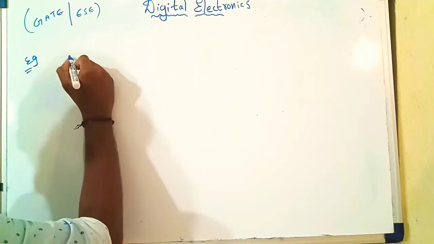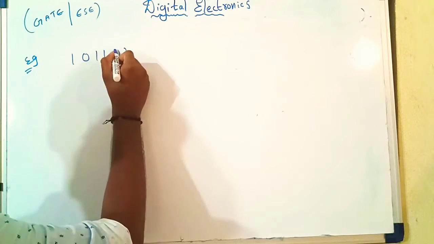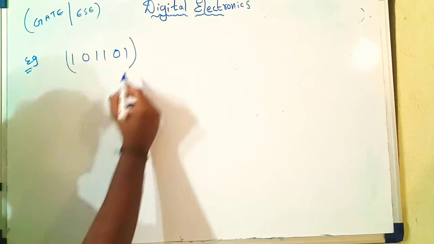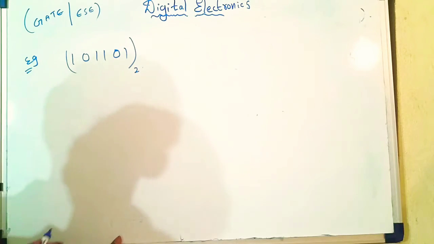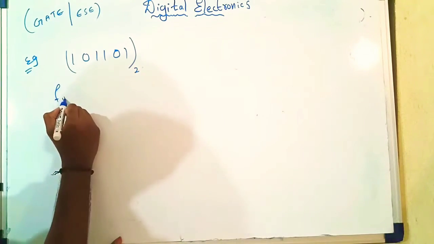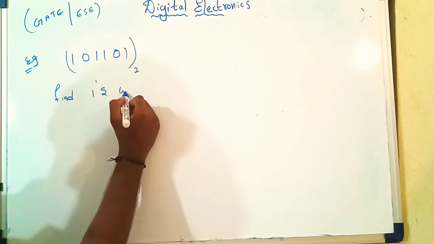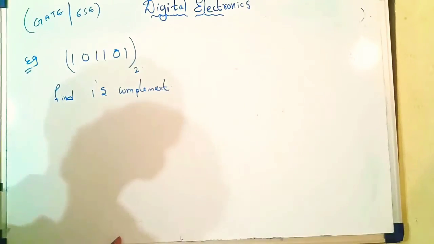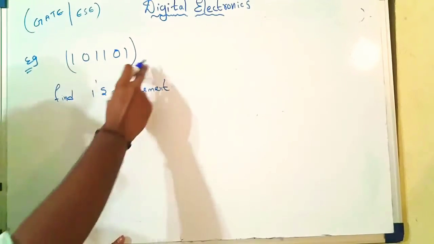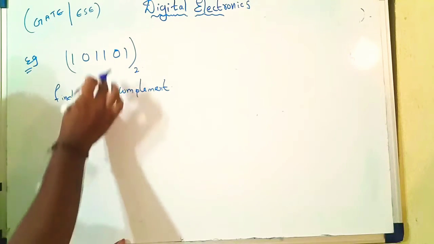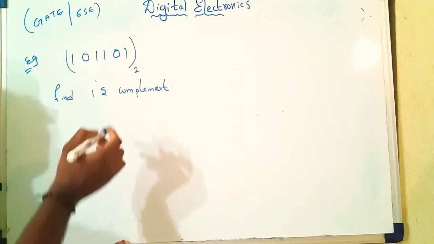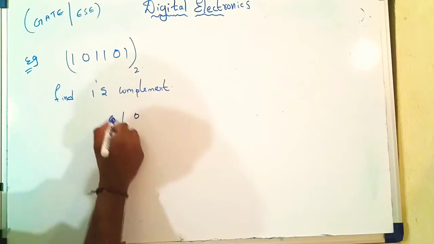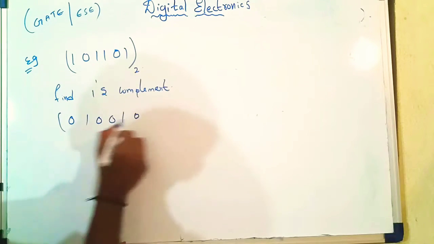Take an example, 101101. Here this is of base 2. Find the one's complement. Directly in the binary system, the one's complement is nothing but the complement of these bits directly. For 1 the complement is 0, for 0 it is 1, and so on.